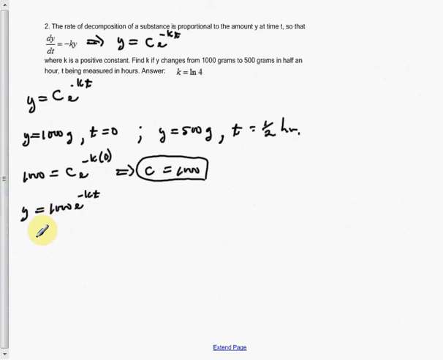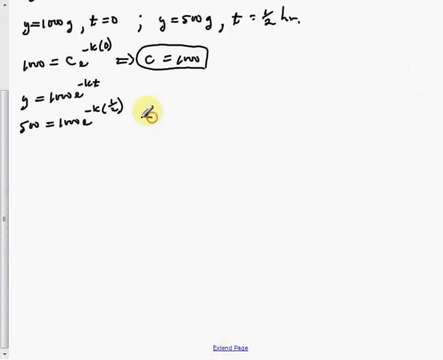Plug in y equal to 500. That's equal to 1,000 times e to the negative k times 1/2. So this implies that 500 divided by 1,000 is 1/2. That's equal to e to the negative k over 2.